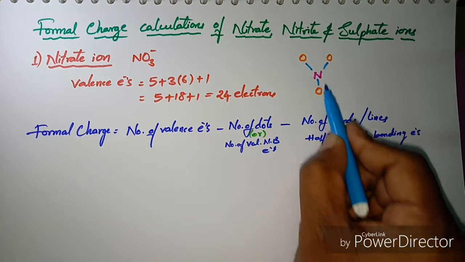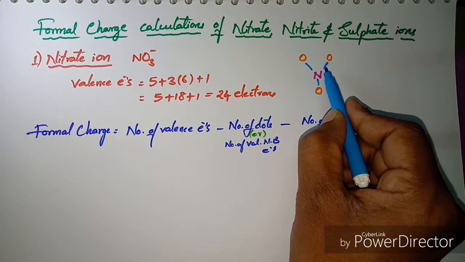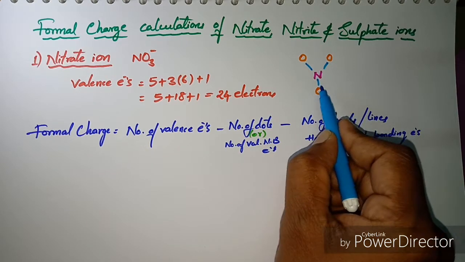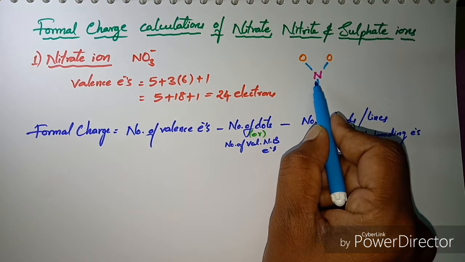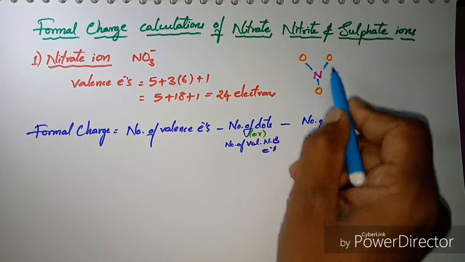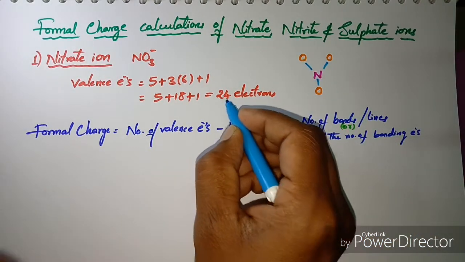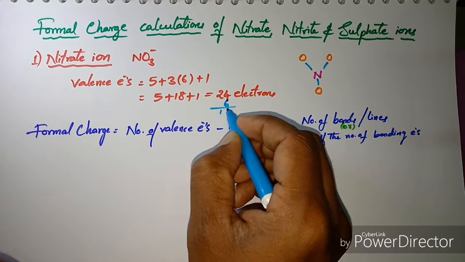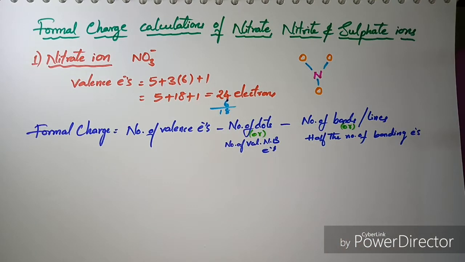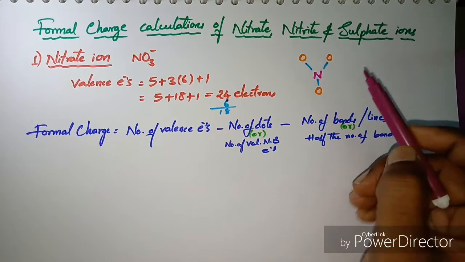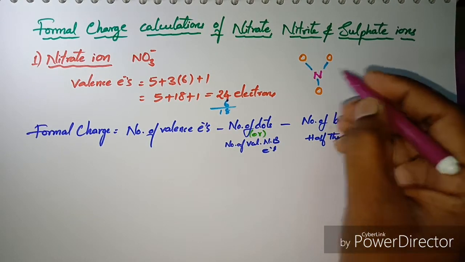By drawing the single bonds, how many electrons in total have we utilized? Each bond comprises 2 electrons being shared between these two atoms. So 6 electrons we have utilized, and the leftover electrons are 18. Now we have to assign the rest of the electrons on the surrounding atoms such that each achieves the octet configuration.